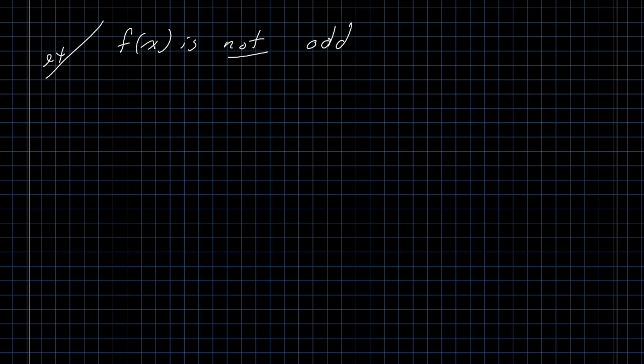Or, at the very least, we don't know that f of x is odd. But we do know that the thing we're looking for is not just f of x, and it's not just one integral. We want the integral from 0 to 7 of f of x minus the integral from 3 to 7 of f of x.